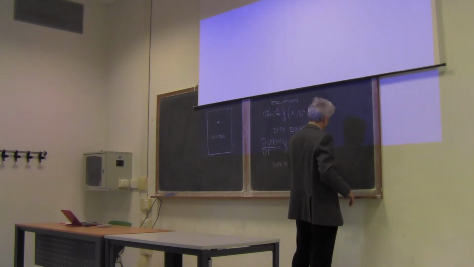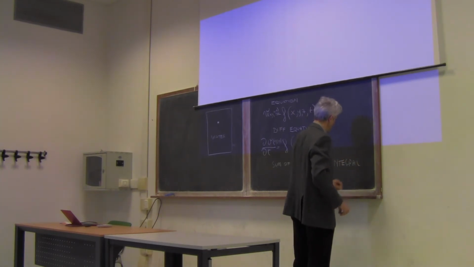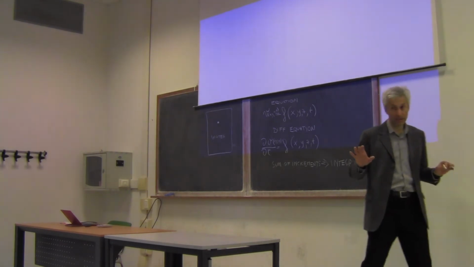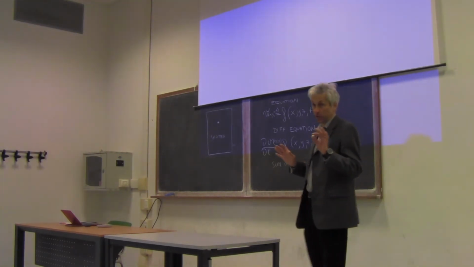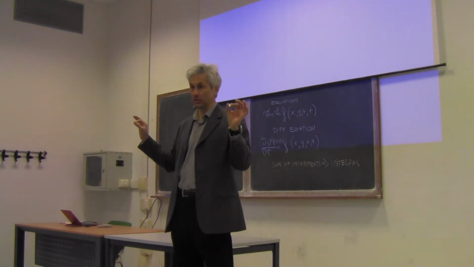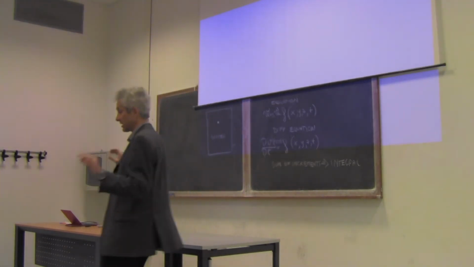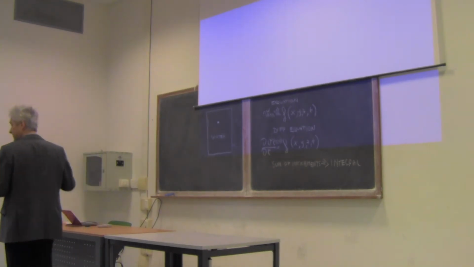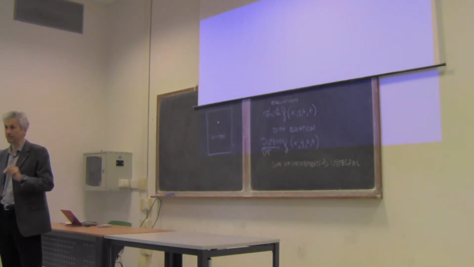This is an integral. Integral is another word that is concerning for an engineer. It shouldn't be, because it's just a summation. The integral is a sum of elementary increments, nothing else.